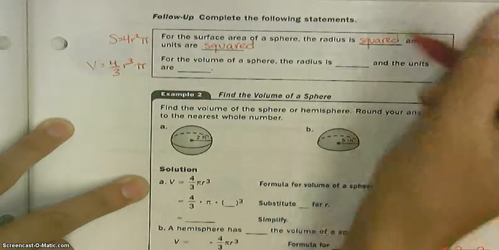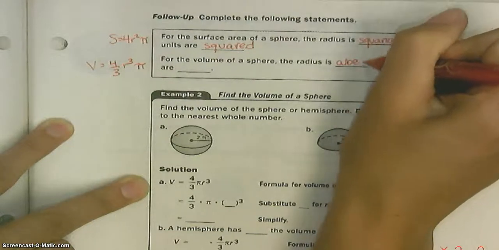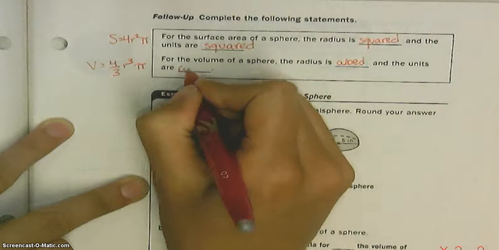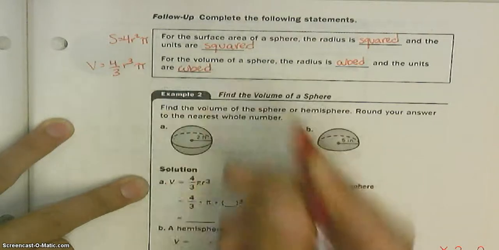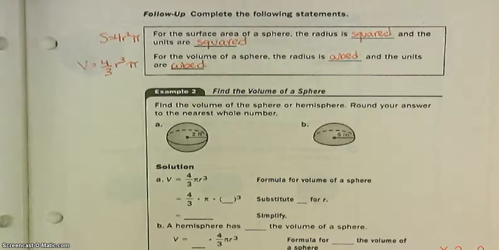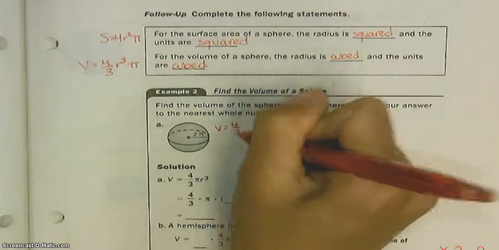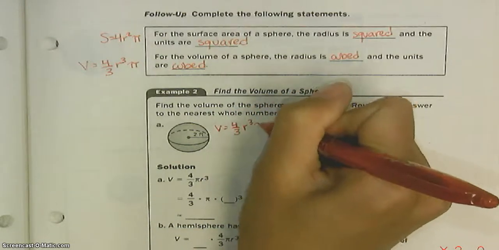The radius is cubed in this example, and when we do units for volume, we also make them cubed. So that's one way to remember which formula goes with which. So the volume of a sphere, volume equals 4/3 r cubed pi.